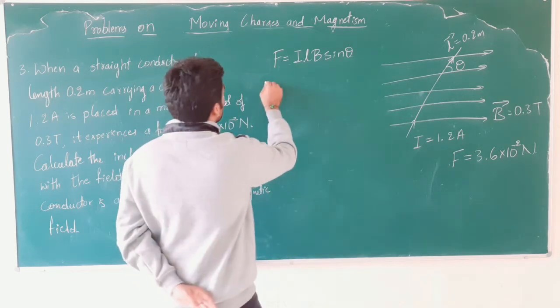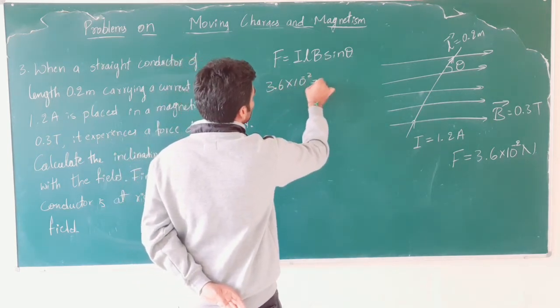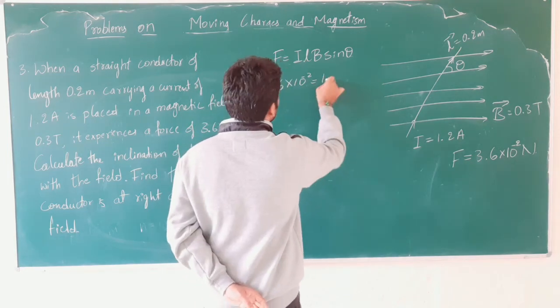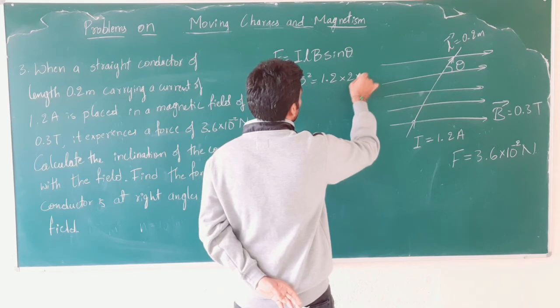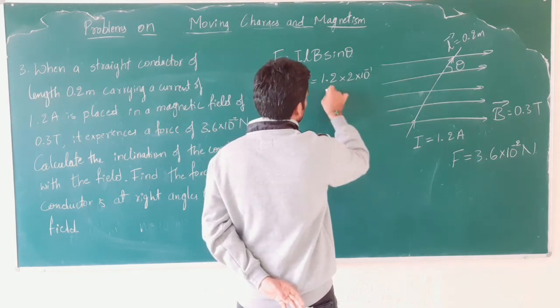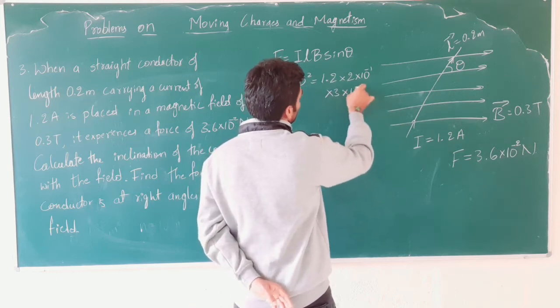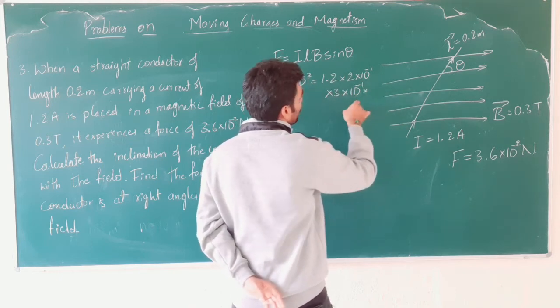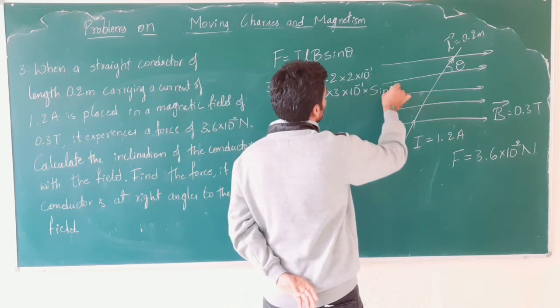F given is 3.6 × 10^-2. Current is 1.2. The length is 0.2, which can be written as 2 × 10^-1. B is 0.3 Tesla, which can be taken as 3 × 10^-1, into sin theta, because we need to find theta.